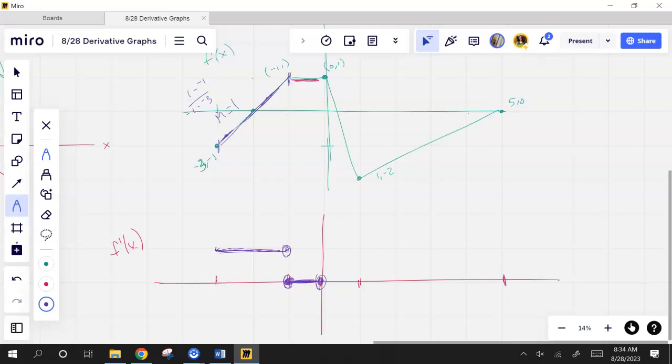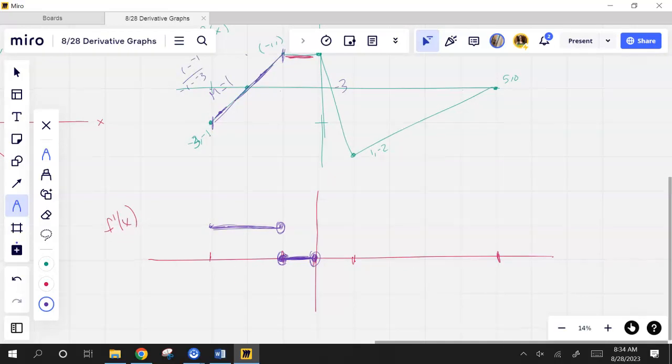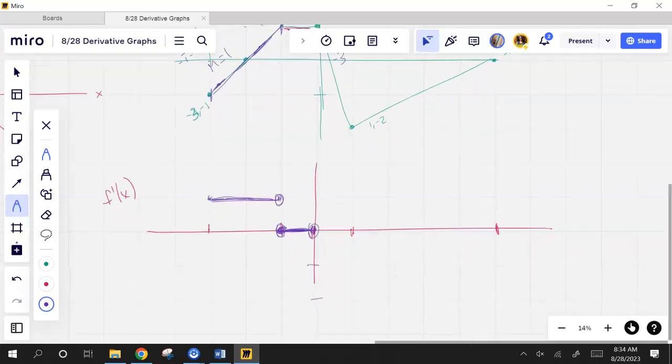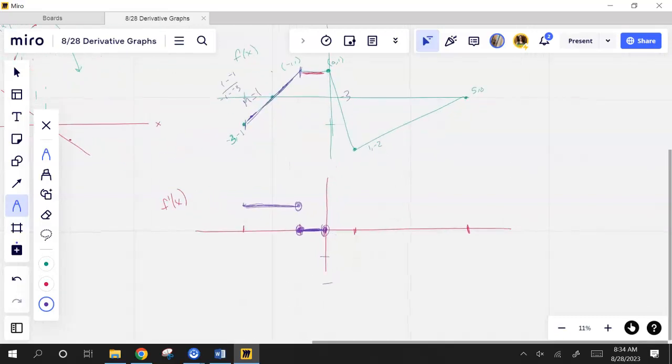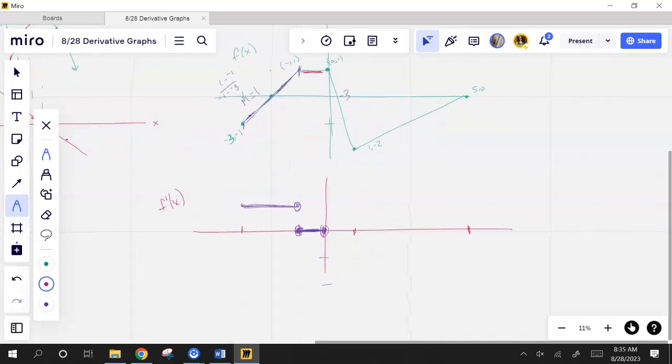All right, how about the next little piece? It's 3, -3. So I'm going to go down to 1, 2. Just from here to here, yes?